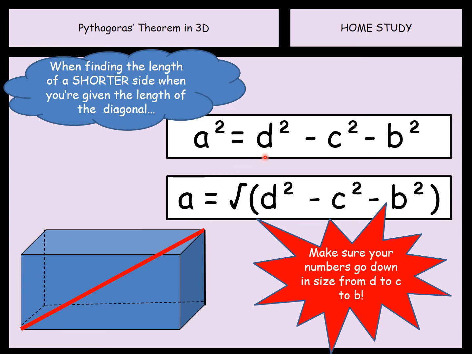So let's say the diagonal was 12. The next value you would use is the longest side along the bottom. So in this case, maybe let's say it's 10, and then this one has to be 8. So these numbers have to go down in value for this to work. But again, it's a quick fix, something you can just type in your calculator quickly and get a solution.